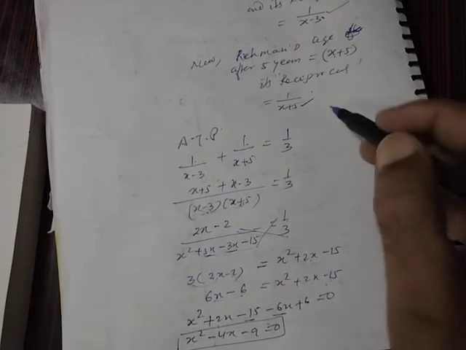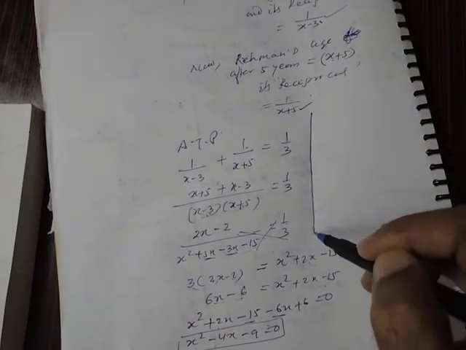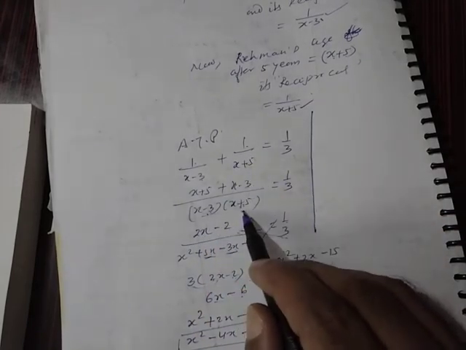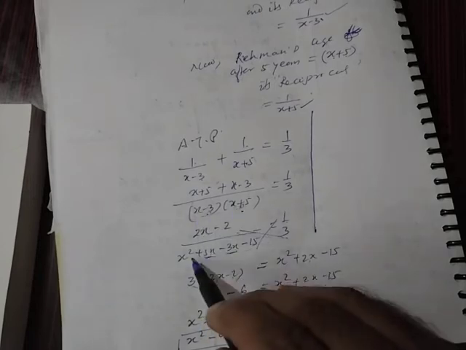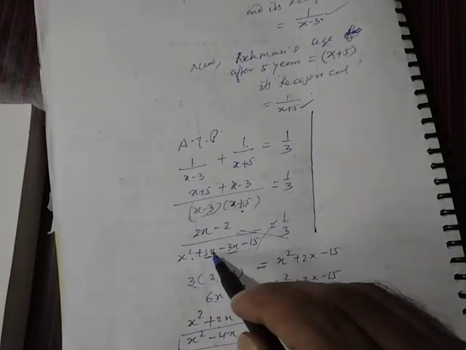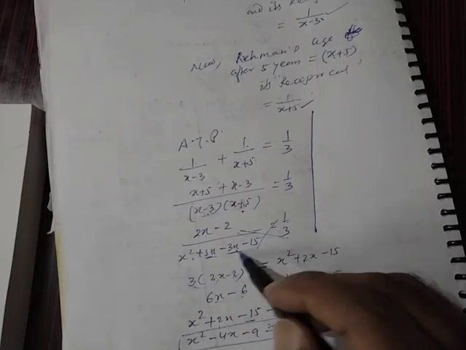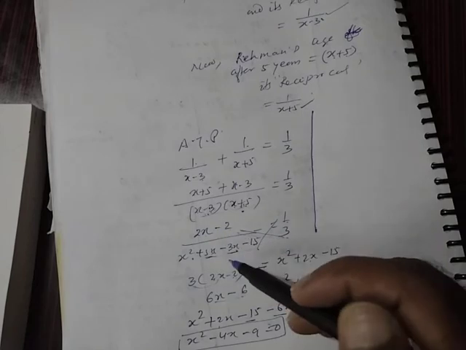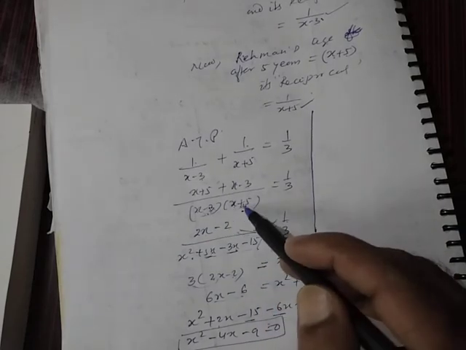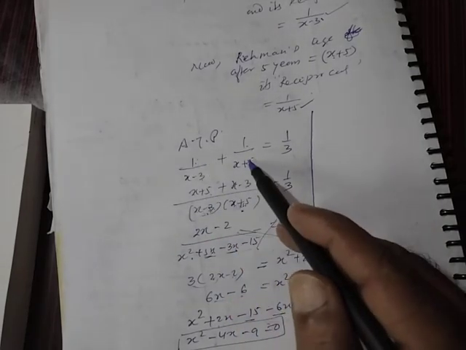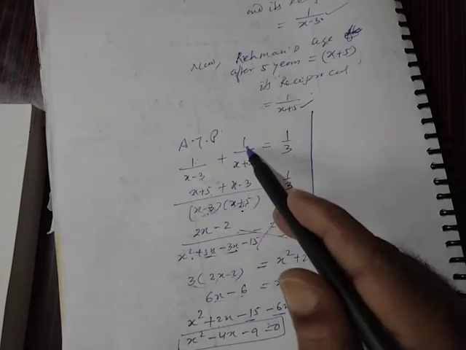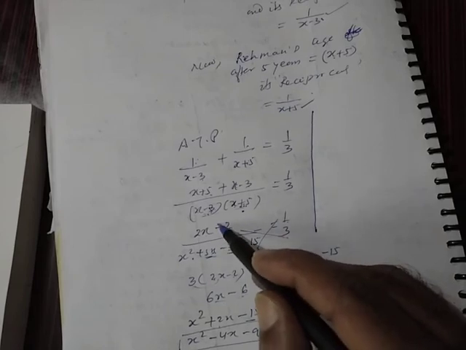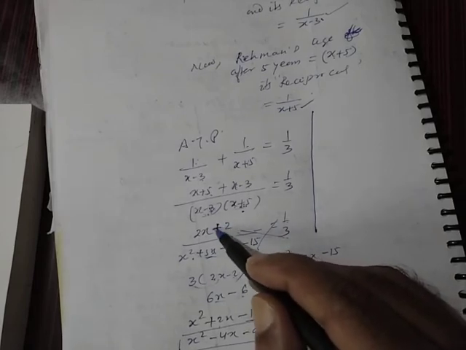Once again I will check, x minus 3 and x plus 5. x square, x into 5, 5x minus 3x and minus 15. Then x minus 3 cancelled, x plus 5 into 1, x plus 5 cancelled, then x minus 3 into 1, x minus 3, 2x plus 2, that is 2. Student, there is a mistake, you correct it.